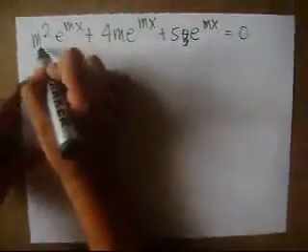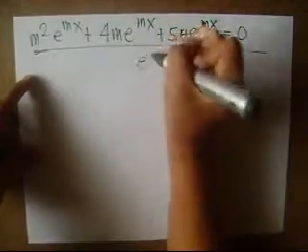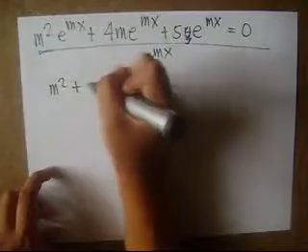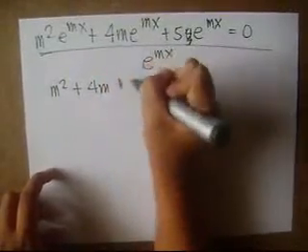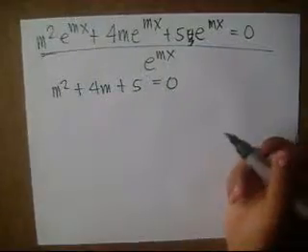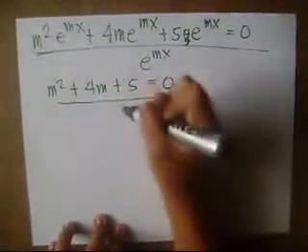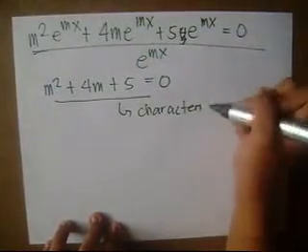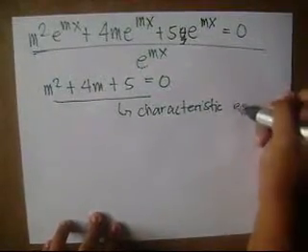Divide this by e^(mx). We get m squared + 4m + 5 = 0. This one is called the characteristic equation.